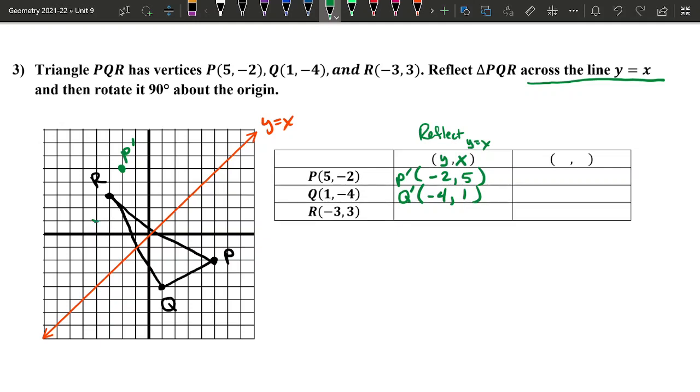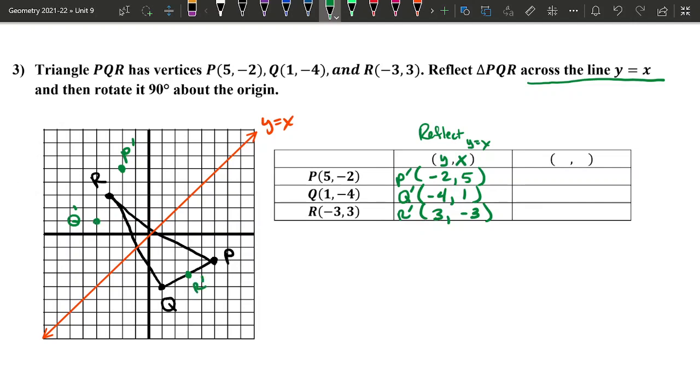That is Q prime. R prime, 3, negative 3. X and y trade places to reflect across the line y = x. 1, 2, 3, 1, 2, 3. And that is R prime.